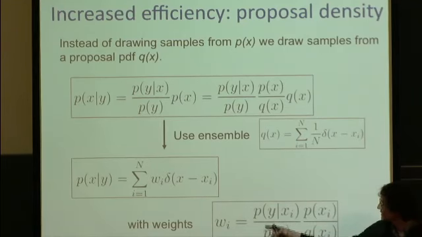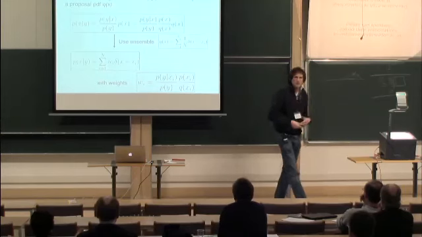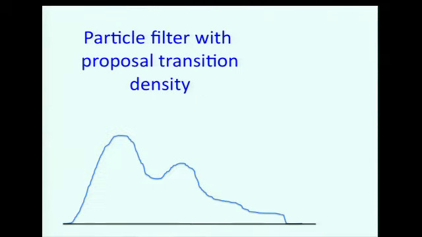So this part of the weights will be relatively uniform, and then this part, p over q, the prior divided by the proposal density, gives more spread to the weights. But looking at this whole term, I can make sure that all the weights are pretty close to each other. I just want to sketch the idea.